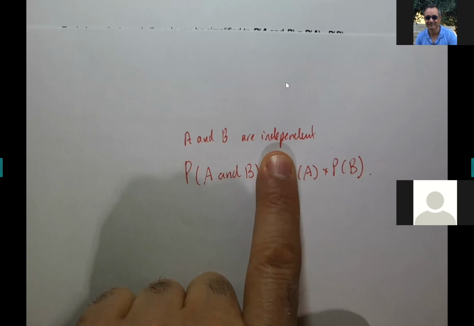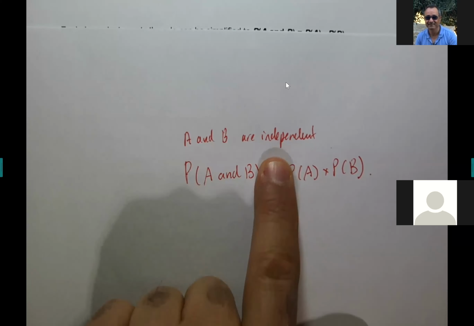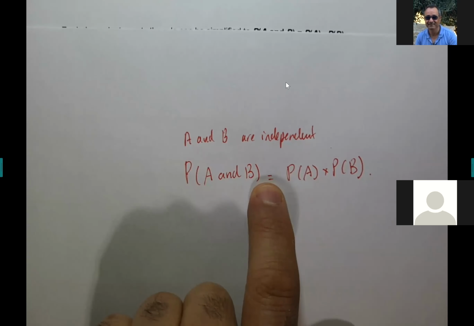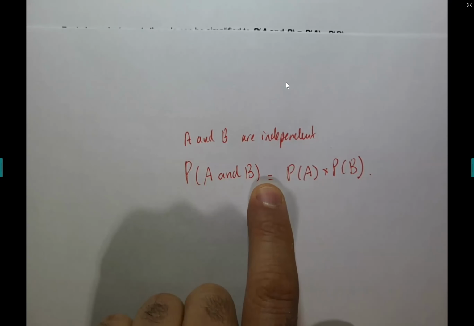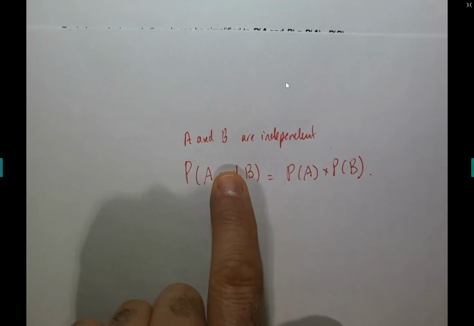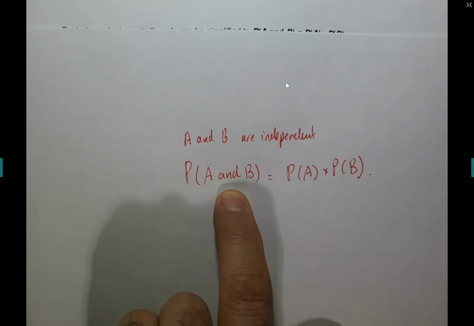If the events are not independent, then this formula is not valid. You cannot use it. The "and," for your information, guys, means two things are happening at the same time.